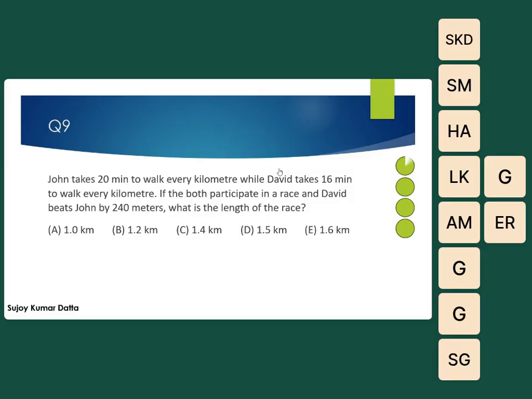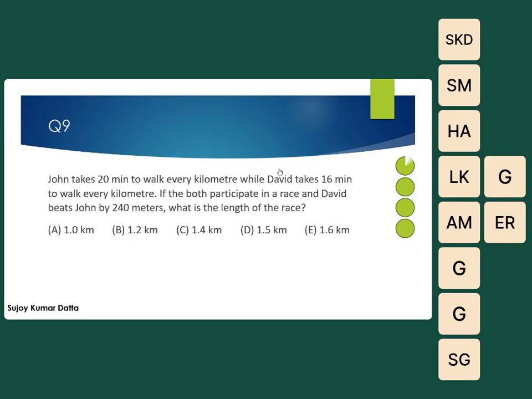So what's the concept of a race? When David beats the other guy John by 240 meters, what's the concept of a race? That one of the guys will finish at the finishing line, while the other guy at that point of time will be somewhat behind. That's the basic idea, right?